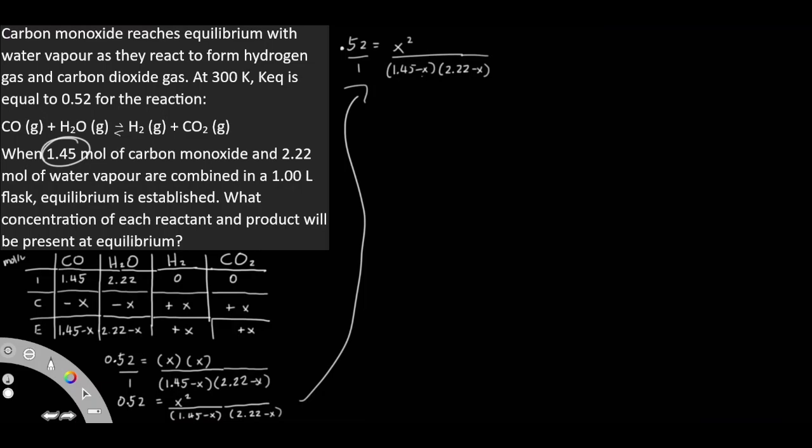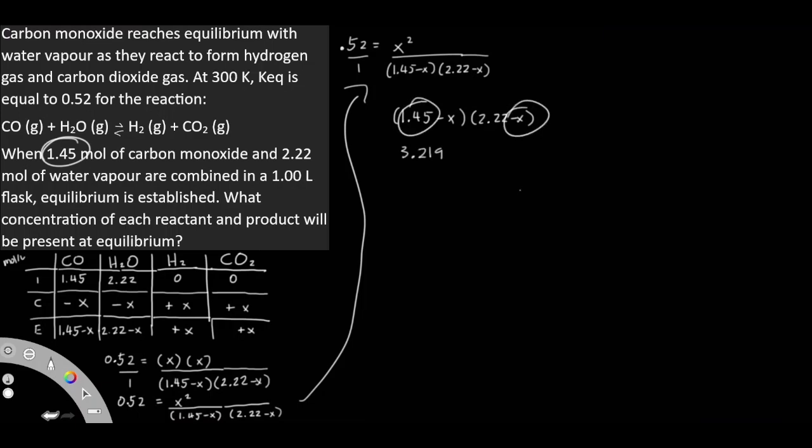So our 1.45 over here is going to be written out as such. And then this 1.45 needs to multiply this 2.22. What do you end up getting for that? You're getting 3.219.